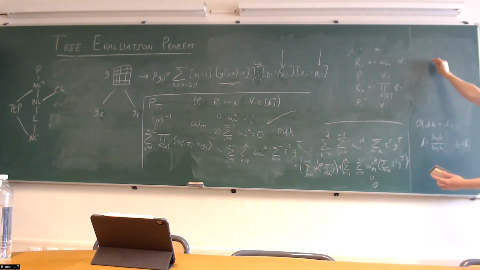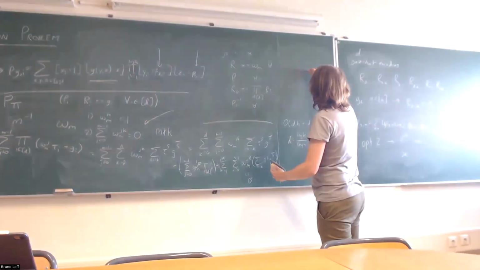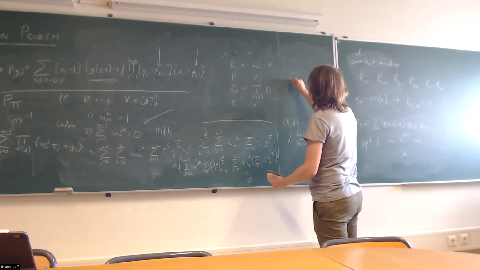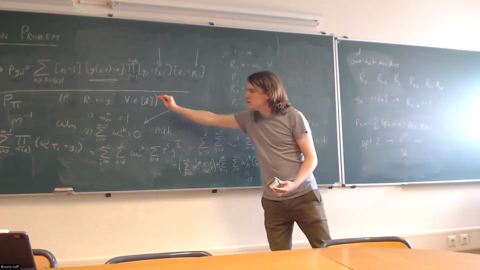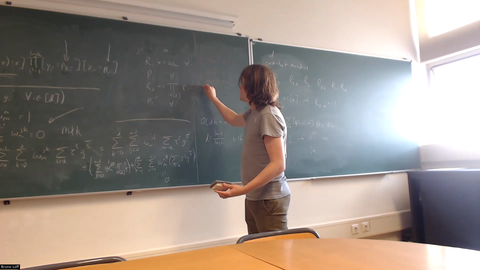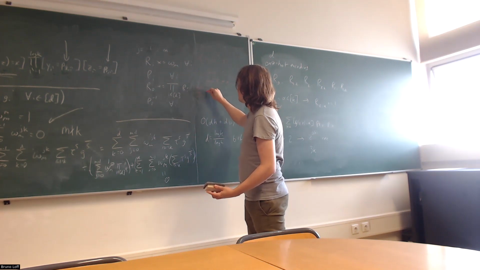Now you multiply by omega m, and you get omega m to the j times tau i. Then you add the x i, so you get omega m to the j tau i plus x i, which is exactly what I needed for the polynomial there. Then I add R0. R0, of course, at this point has the sum over j prime equals 0 to j of the product of i and d.